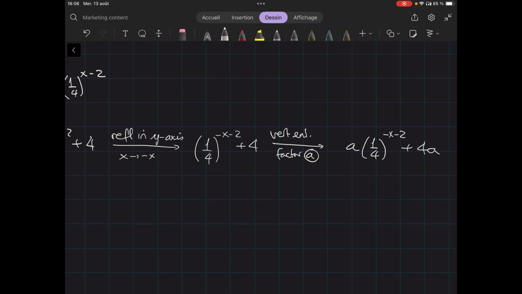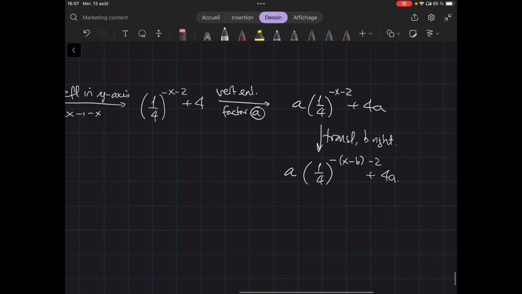And lastly, a horizontal translation b units to the right. We know that this curve is the same as this curve.